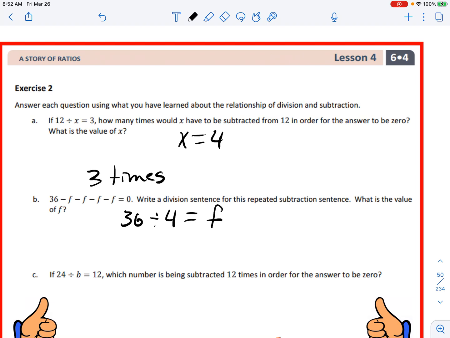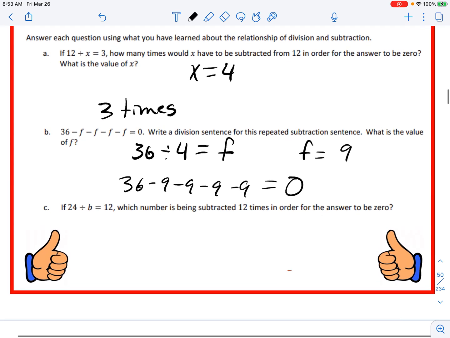In this case, f is going to equal 9. Okay, that means if you plug in 9 for f, 36 minus 9 minus 9 minus 9 minus 9 is going to equal 0.